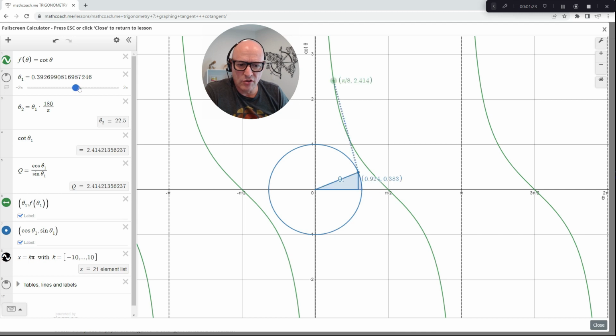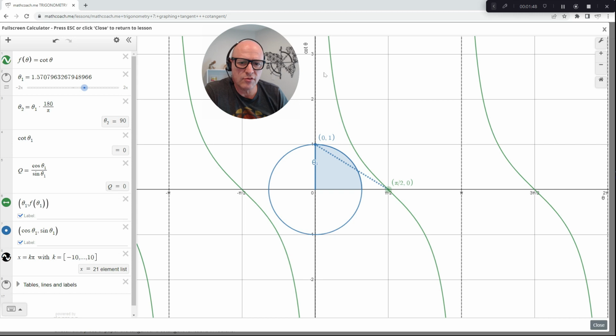Moving up to pi over 4, another angle of interest. At pi over 4, at 45 degrees, our cotangent is 1. Okay, so the adjacent side over the opposite side, those sides are equal, 1 over 1. We get a cotangent of 1. Moving forward to pi over 2, the cotangent of 90 degrees is 0.